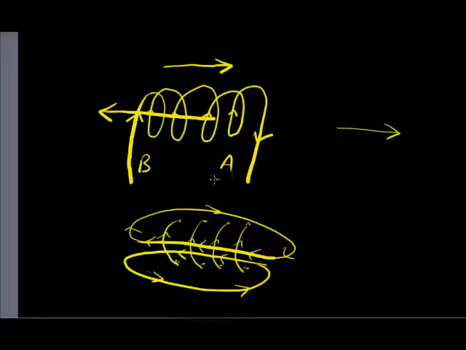So if we increase the amount of current that we apply to the solenoid, that also wouldn't change the pattern of the magnetic field, except that it's going to increase the field lines generated by the solenoid.